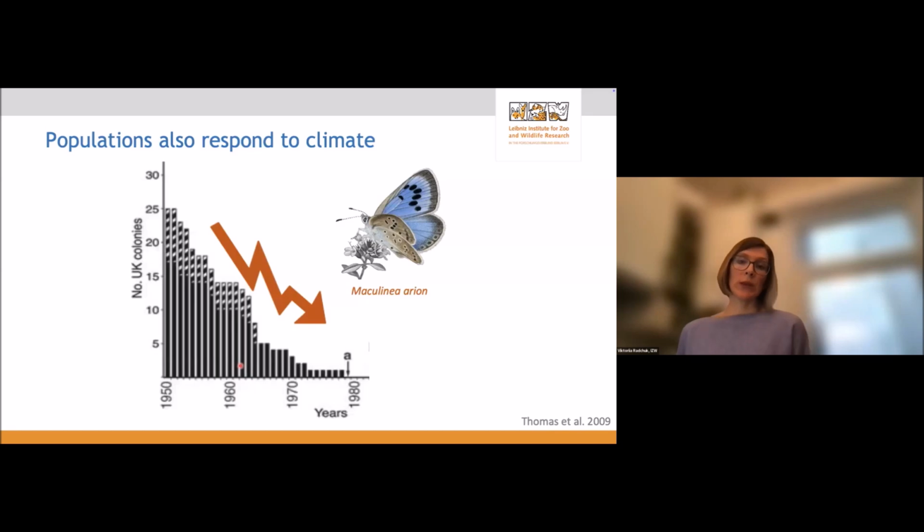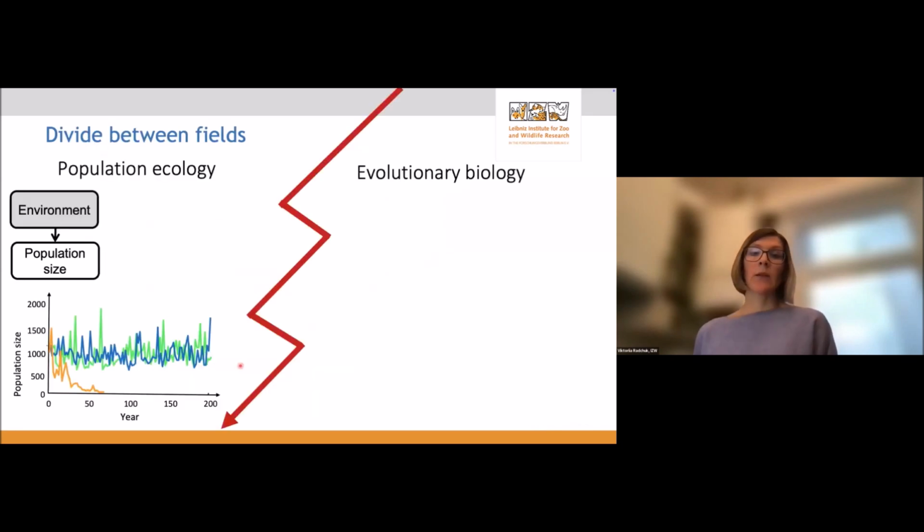However, not all species, of course, benefit from climate change. Some populations decline or go extinct altogether, as happened to the large blue butterfly at the end of the last century in the UK.